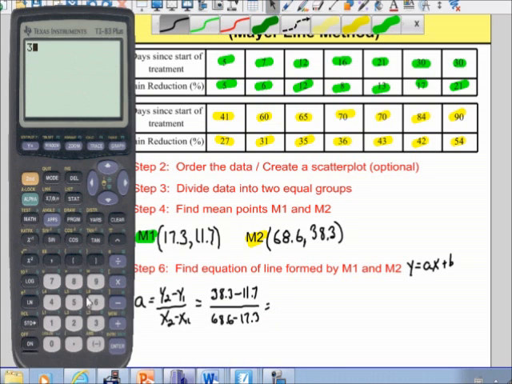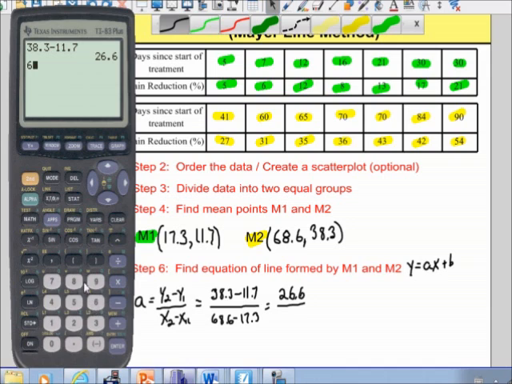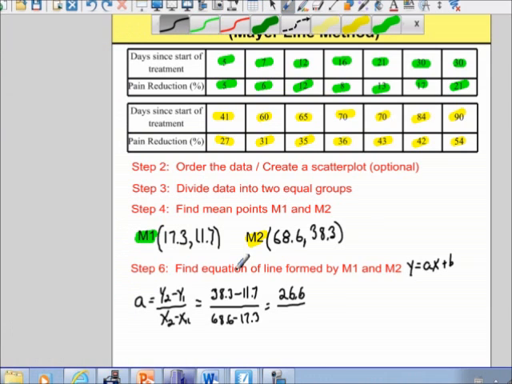Clear this off. 38.3 minus 11.7. So we have 26.6. I'll write that in. And then in the denominator, 68.6 minus 17.3 is 51.3.